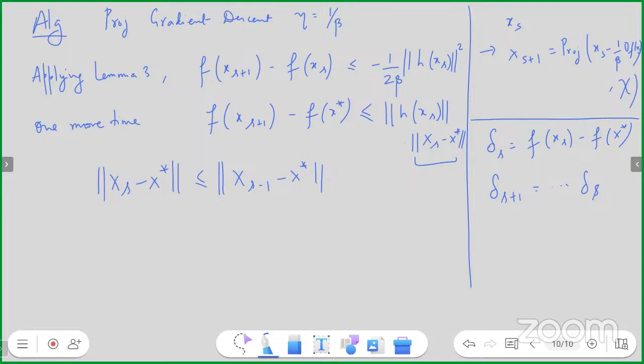If you blindly put the value of xs, then somehow we have to argue that involved in a projection.